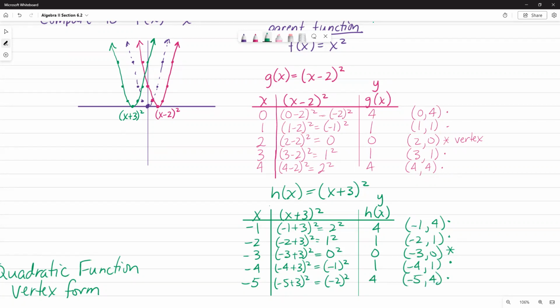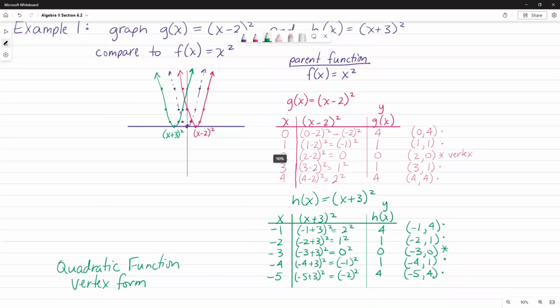So when you can figure that out, that tells you, if you have to draw a table and don't have a graph to look at, you can calculate the vertex, and that tells you where to start to make your table. So I would always start at the vertex and then move left and right on my x values from that to get my other points to draw the parabola.